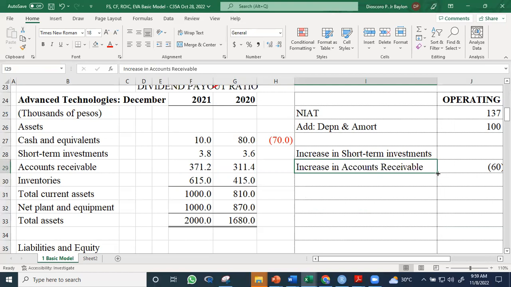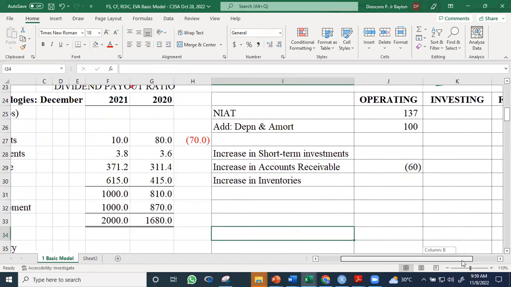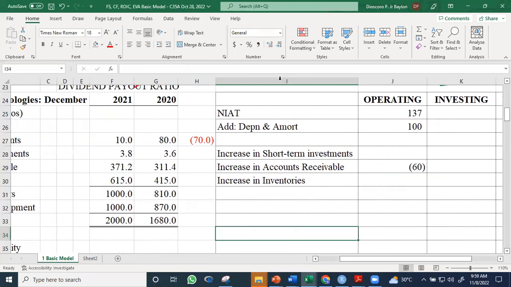So there was an increase in inventories. Now please tell me if this increase in inventories will fall under operating, investing, or financing, and if it's a source of cash or use of cash. Again, 2 letters, please. Kindly chat, please.